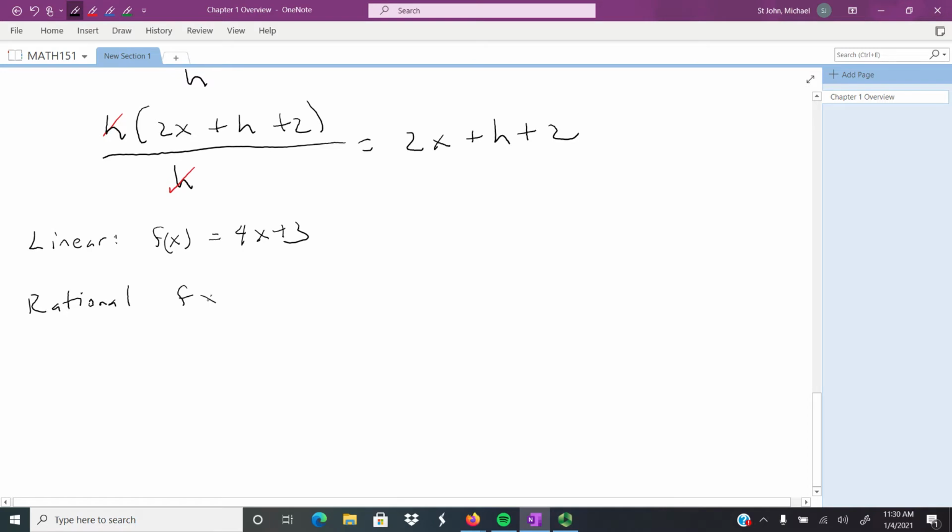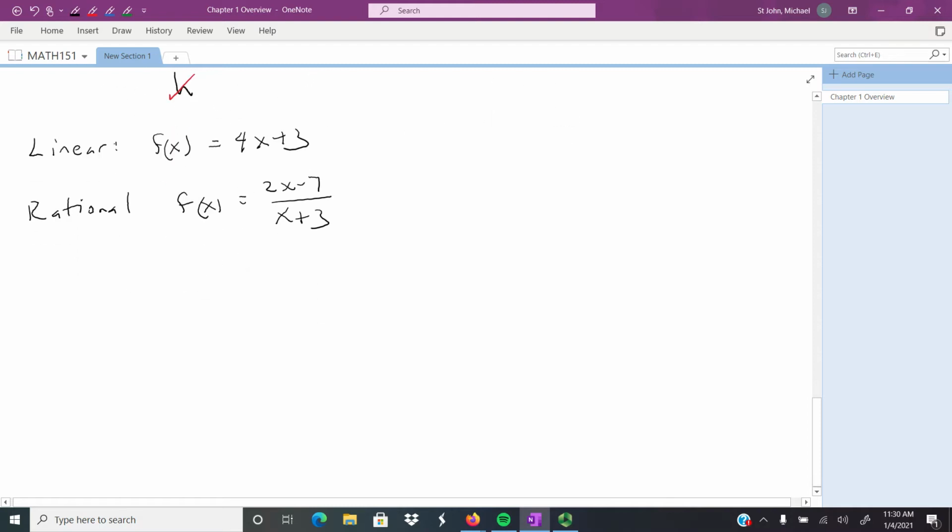So f of x equals 2x minus 7 over x plus 3. Algebraic. (x plus 9) times (x plus 3) plus 2x squared plus 3x.